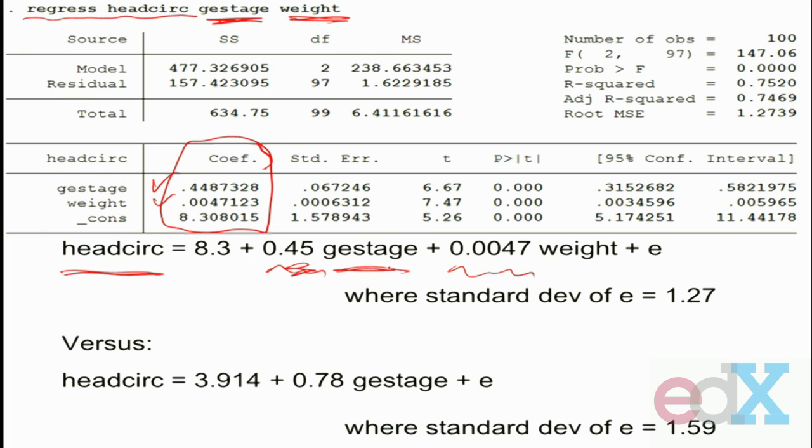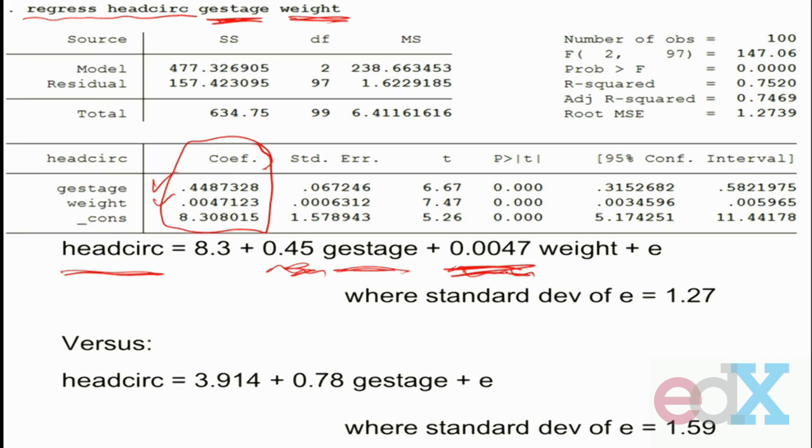All right? And so here, for example, this is 0.0047 times weight in grams. So that's why it's such a tiny thing. It might be very important, but it's tiny because we're measuring the baby in grams. Had we measured the baby in kilos, then we would have to divide this by 1,000, and it looks much more impressive. But anyway, we did it in grams.